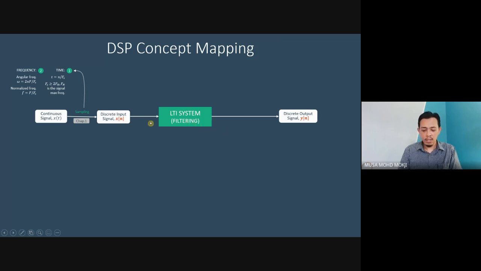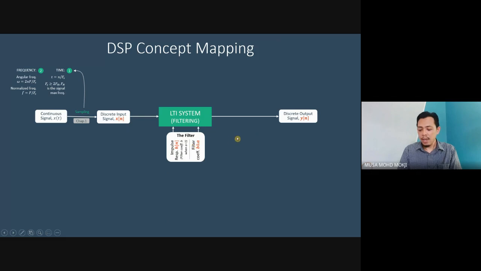To do that, if you have an input and output, you should have the filter itself. That filter is what we call the impulse response. This is the one that we have seen. We don't call it a filter yet, but we call it the impulse response. Actually, that impulse response is the filter.